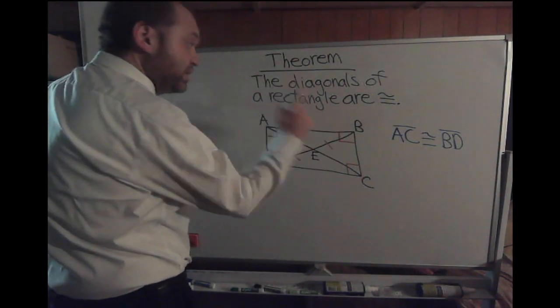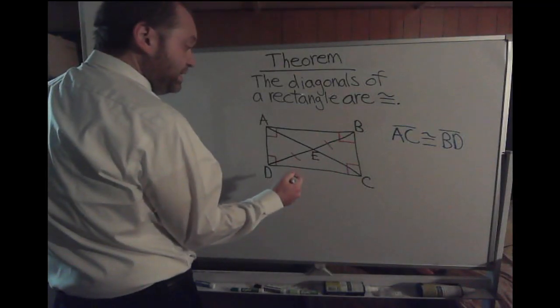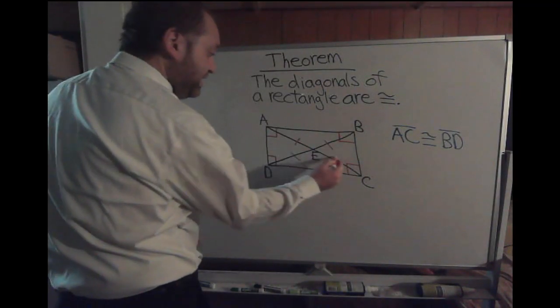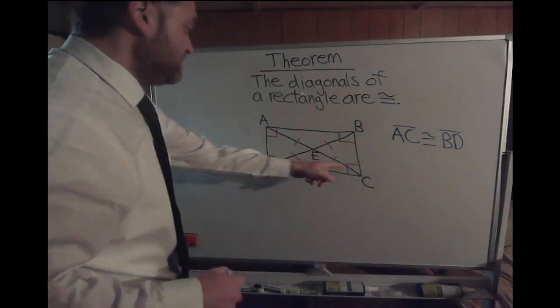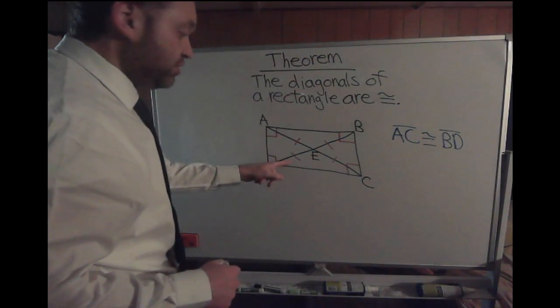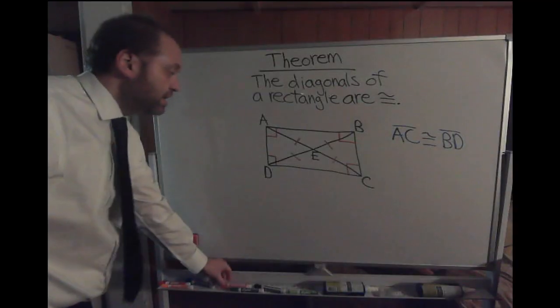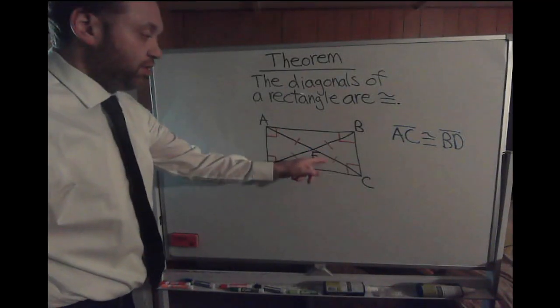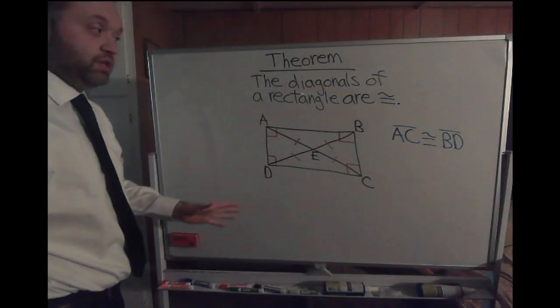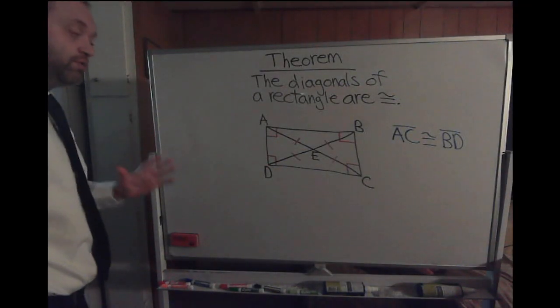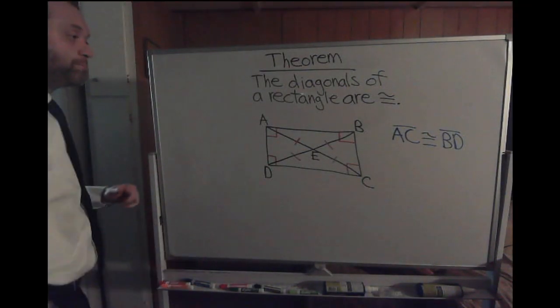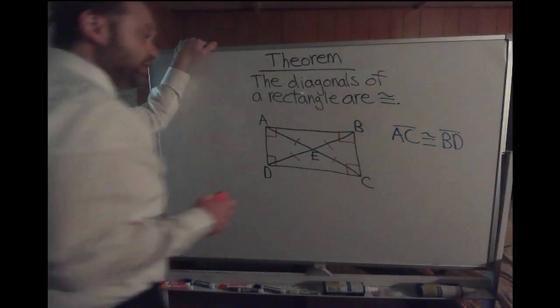But since the diagonals are congruent in a rectangle, that means AE is congruent to CE. That also means that BE would be congruent to CE, and then AE would be congruent to DE. So each of these four parts of the diagonals are congruent to each other. That's what that theorem states about diagonals in a rectangle. So that is a really good thing to know.